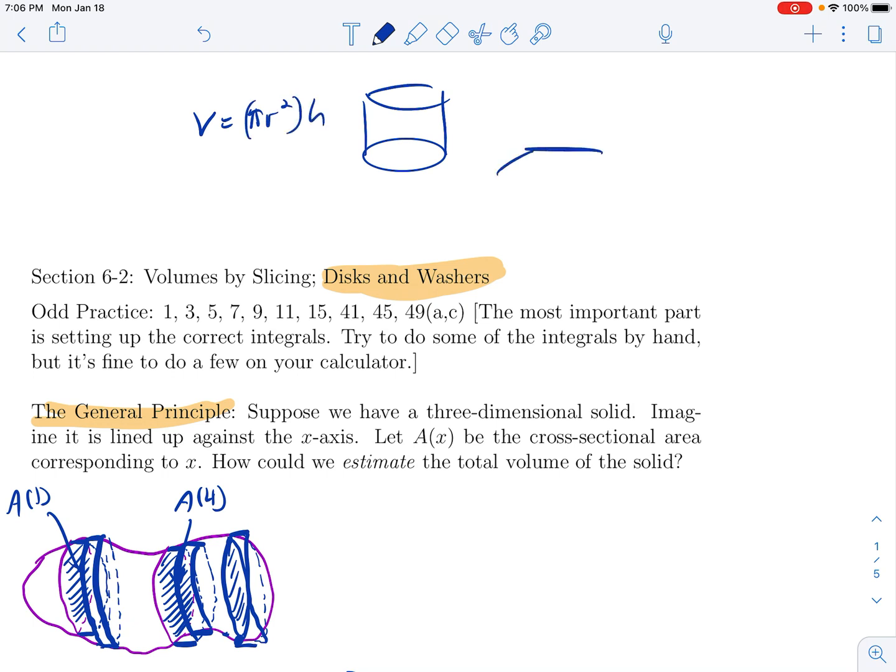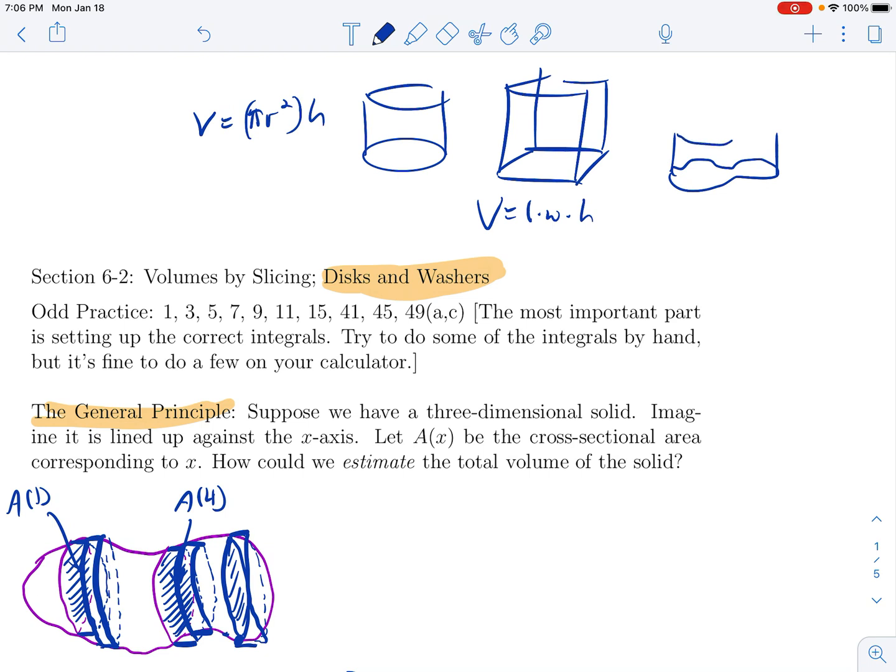But even if I had something like a prism, this principle works as long as the sides are perfectly vertical. What's the volume here? It's the area of the base, which is length times width, times the height. This works for anything. If I have some irregular shape on the bottom, but I'm going up in a way that's perfectly vertical compared to that, the volume would be the area of the base times the height.